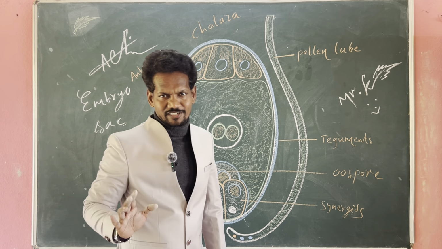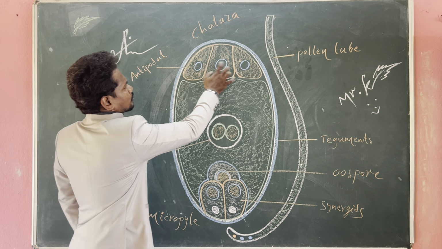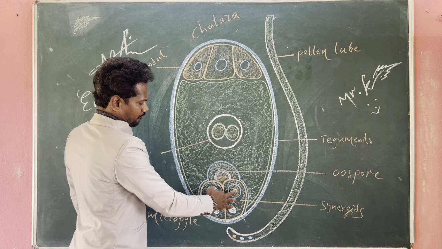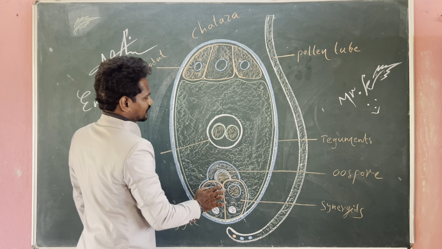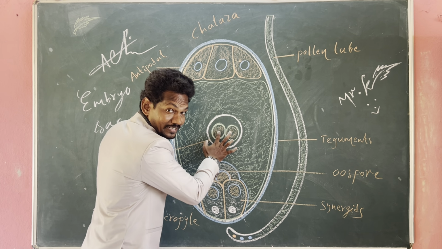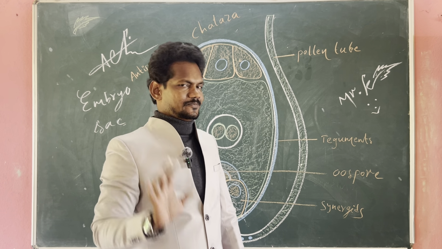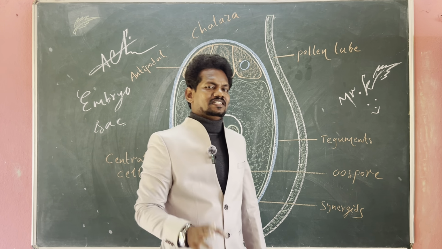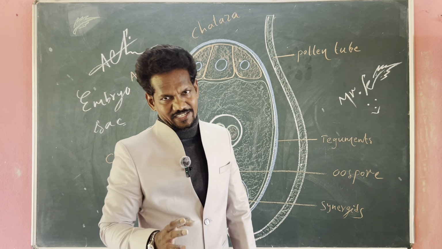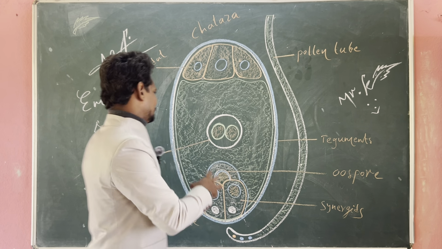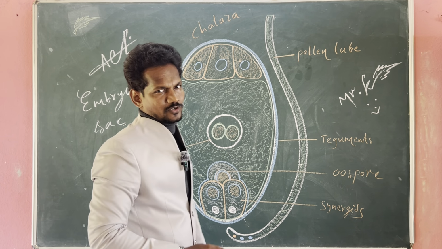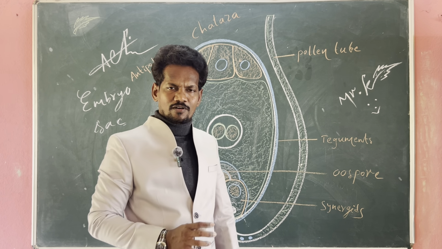Cells are 7. Nuclei are 8. So 7 cells and 8 nuclei are located in the embryo sac.